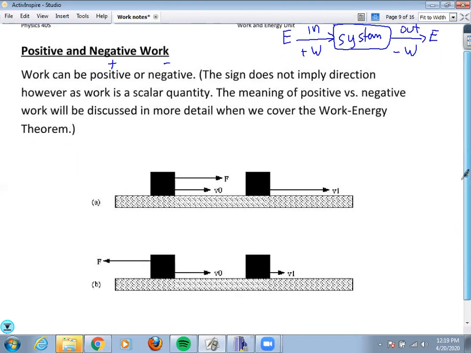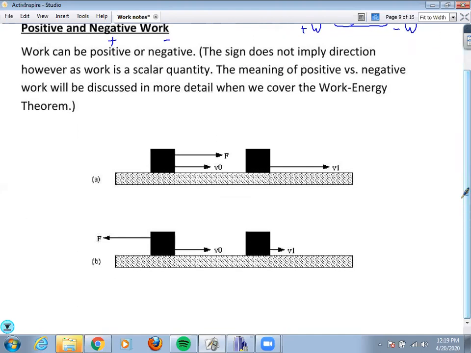So what does this mean in terms of the force? Well, if we have these 2 examples, A and B, you'll notice that the block is moving forward to the right, speeding up. Force is parallel to delta D. In example 2, force is anti-parallel to delta D. So when a force is parallel to the displacement, that is positive work being done. If the force is opposite to the displacement, that will end up being negative work being done.